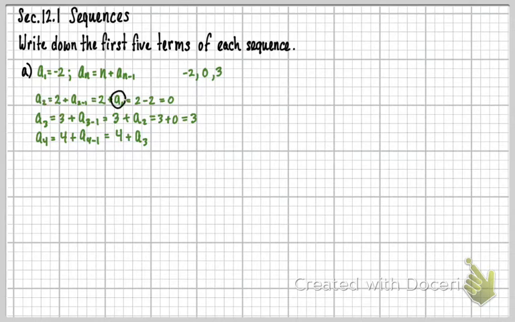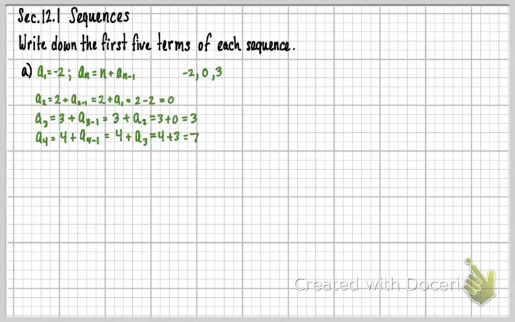I'm using A1 in the A2 formula. So it's always the one before it I'm using. And I'm adding my indice to it, or my subscript. Okay, so then this is going to be 4 plus 3. So that's going to be 7.